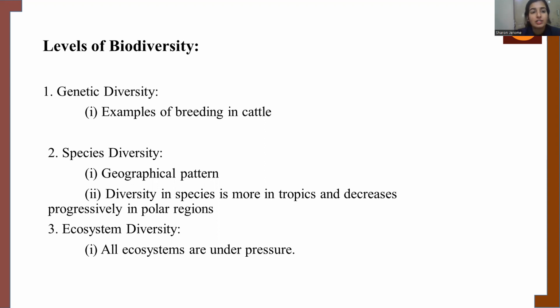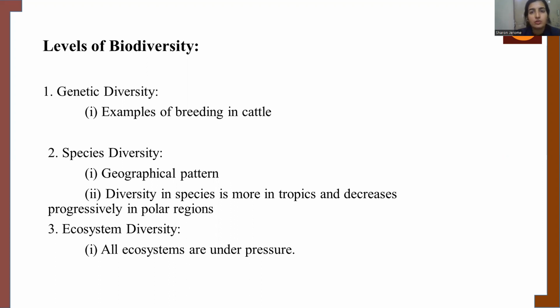Now when we talk about species diversity, we can see species diversity differing from area to area, to be specific from one geographical location to another. We can see that the diversity of species is more in the tropical areas than in the polar region or the desert region. Why?